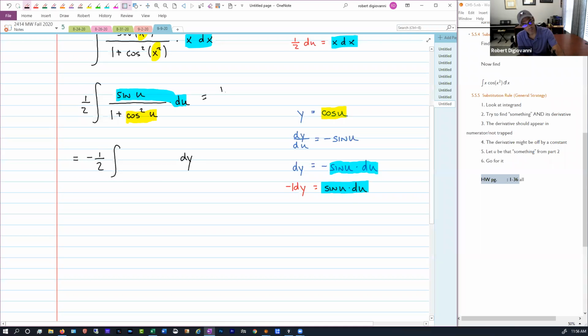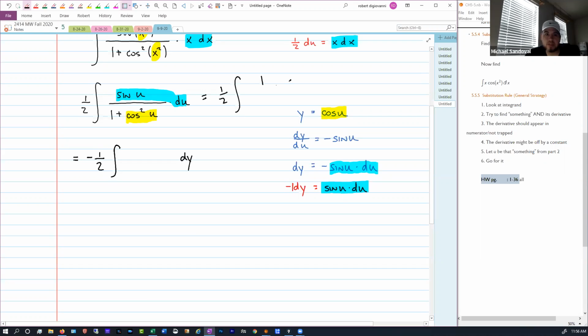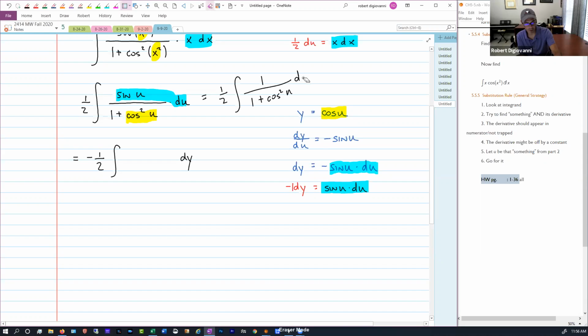Just the 1 plus cosine squared of u, over one. On the bottom, it's 1 over. I'm just rewriting the original problem, kind of peeling out that sine u du.